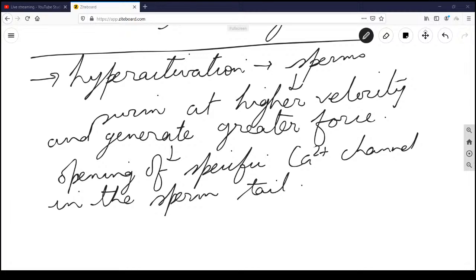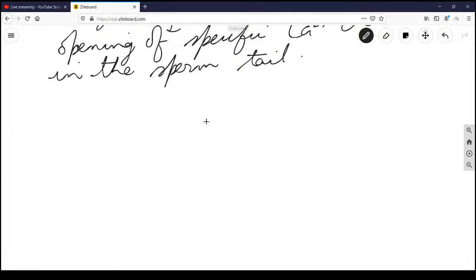And the power of the beat and the direction of sperm head movement are thought to release the sperm from their binding with the oviduct epithelial cells. Because otherwise some of the sperms stay bound to the oviduct epithelial cells. So this is a concept that you might not have heard.